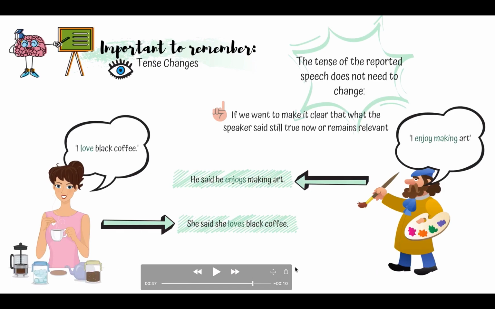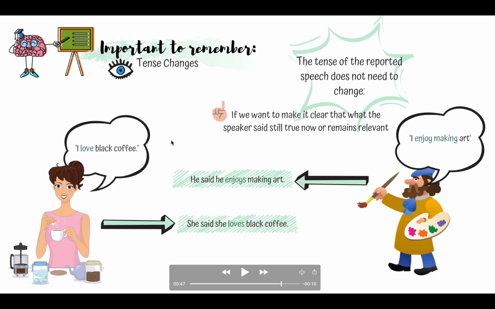Okay, another important thing that you need to know. The tense of the reported speech does not need to change in these circumstances. So, if we want to make it clear that what the speaker said is still true now or remains relevant. Okay, so I love black coffee.